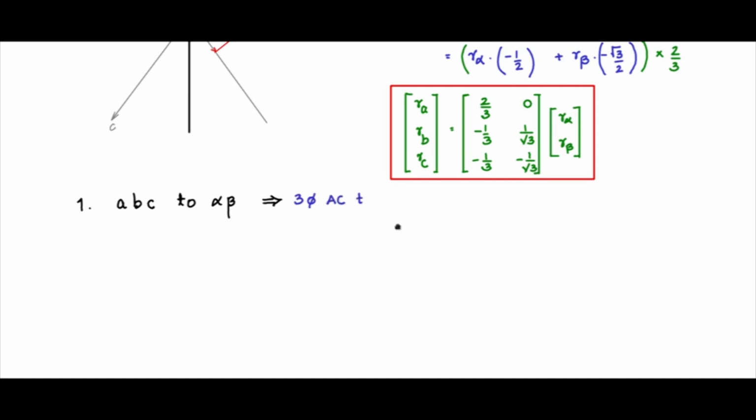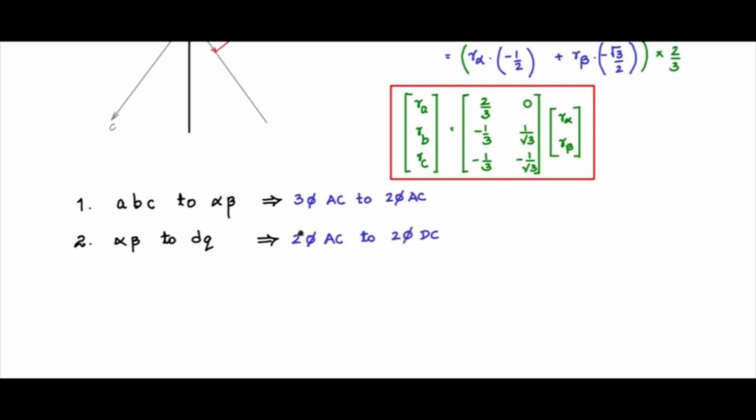Alpha beta is two-phase AC wave shapes. So three-phase AC to two-phase AC transformation. Next, alpha beta to DQ. So what do we do? Alpha beta is two-phase AC. DQ is rotating along with the vector, keeping in pace with the vectors. Therefore, the vectors projected on the DQ coordinate system will appear DC. So it becomes two-phase DC domain.